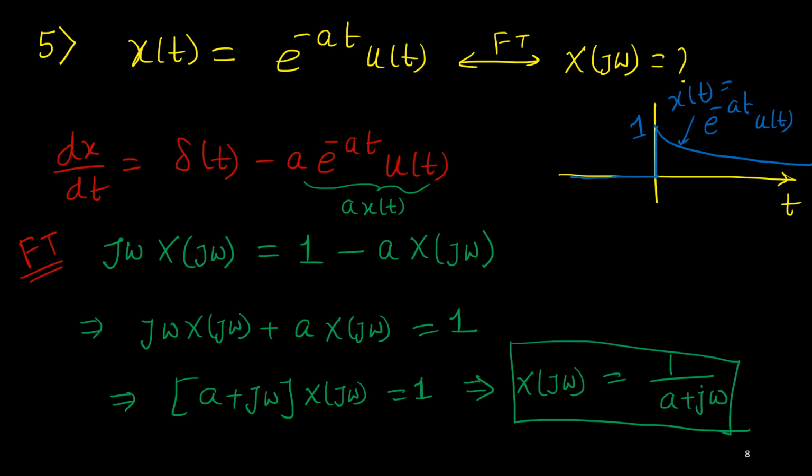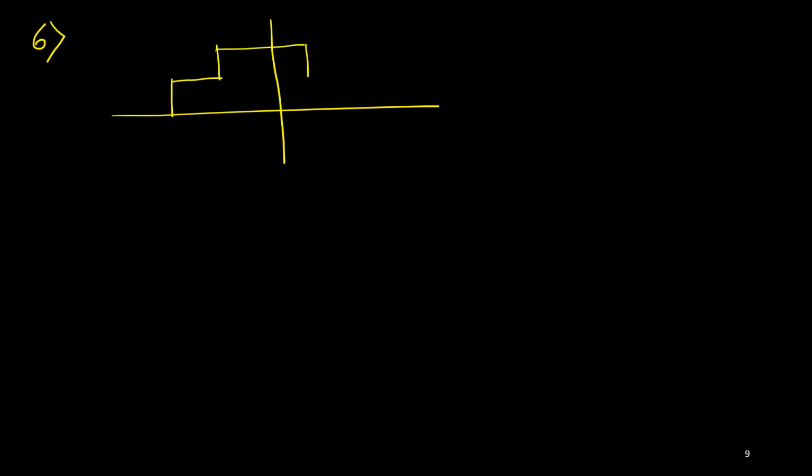The Fourier transform of e to the power minus at u of t. Next, if we consider one signal like this, a type of staircase, this is your x of t.